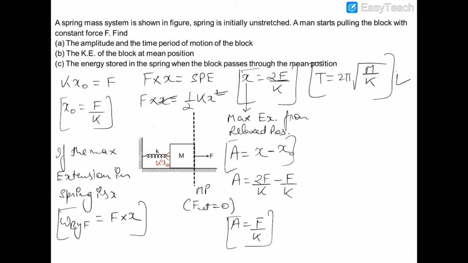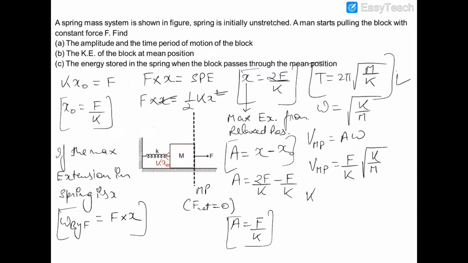Now the omega will be equal to under root k by m, and therefore the velocity at mean position will be A omega. So velocity at mean position: A is F by k and omega is under root k by m. The kinetic energy of SHM is maximum at the mean position.